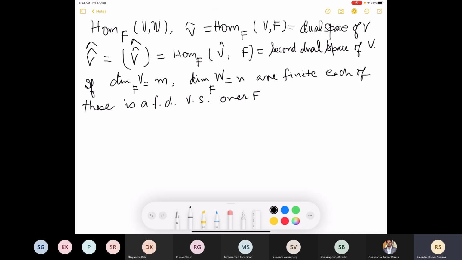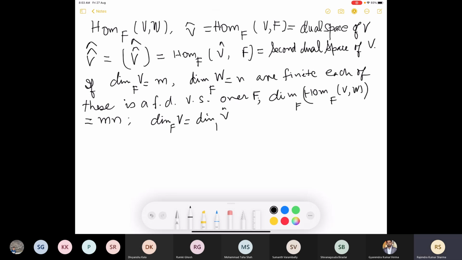We also know that in particular the dimension of Hom(V, W) is mn, and this also is finite. And the dimension of V over F, dimension of V hat over F, dimension of V hat hat over F, all of them are equal to m.